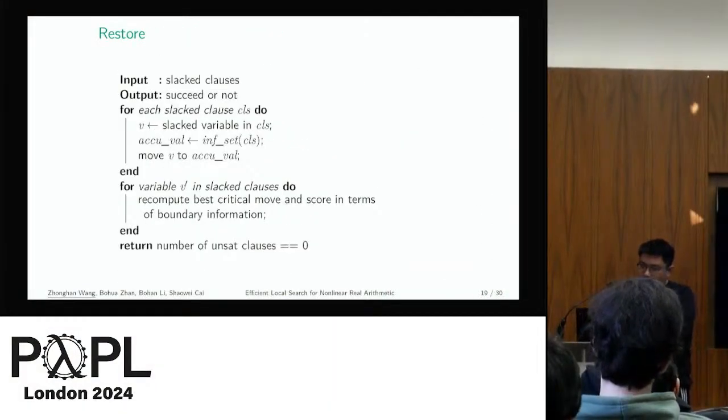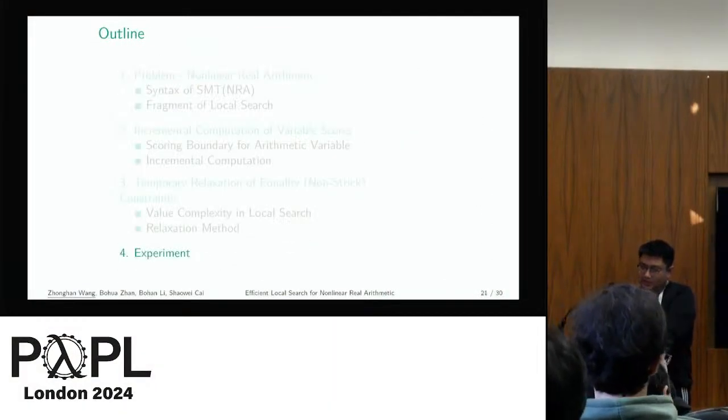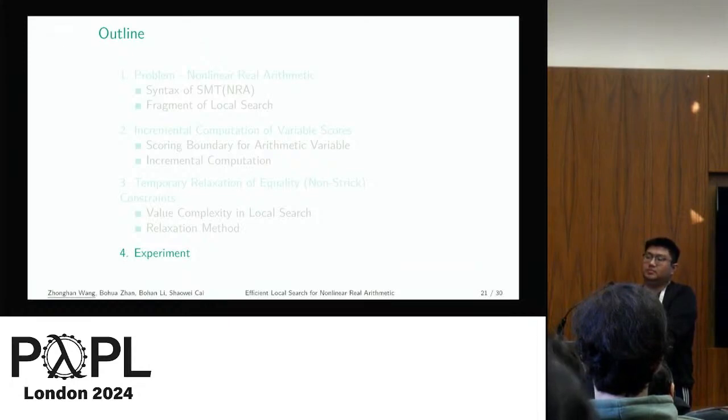Actually, this work is about nonlinear instances, but it also works on some linear instances. Maybe there are some local search works that combine with the simplex method on linear ones, because linear ones usually have simpler algorithms than nonlinear ones.